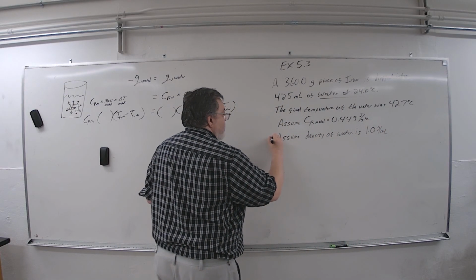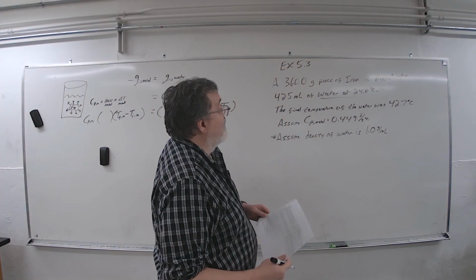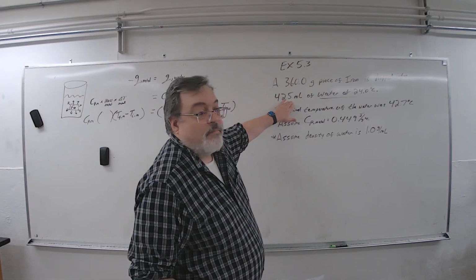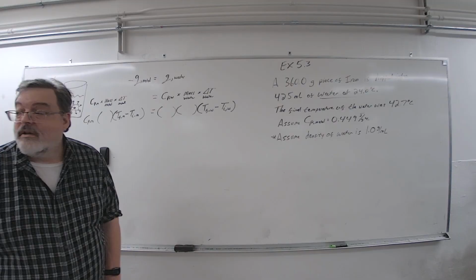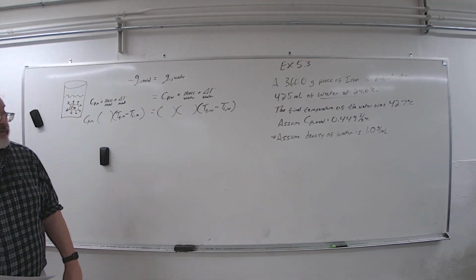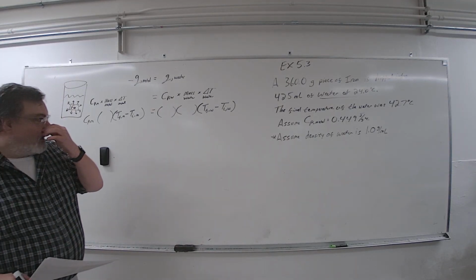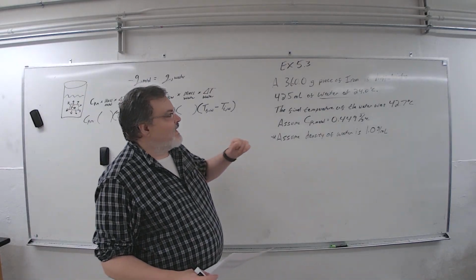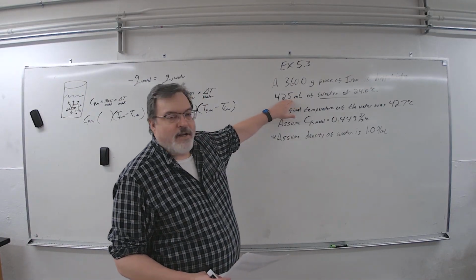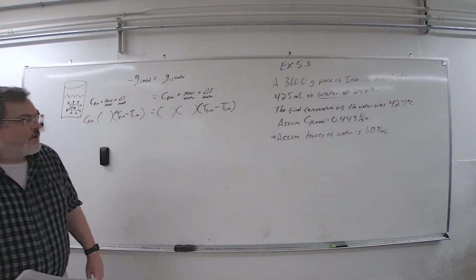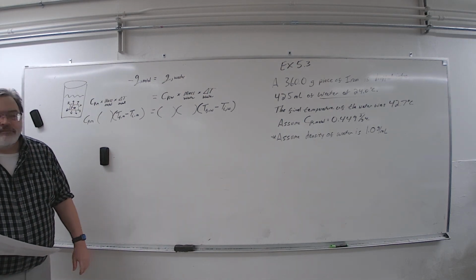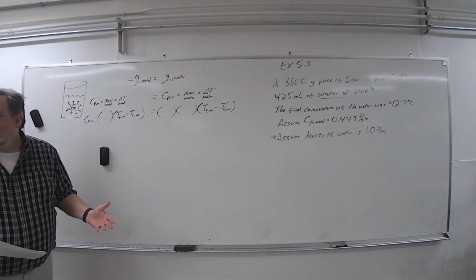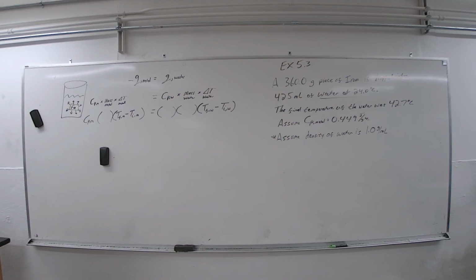That's important because we weren't given the grams of the water. We were given the milliliters of the water. So we need to find how many grams that is. I think on a test, I'd just be more straightforward and tell you how many grams of water. We'll do a lab similar to this. We're just going to weigh the water. It's easy enough to weigh.